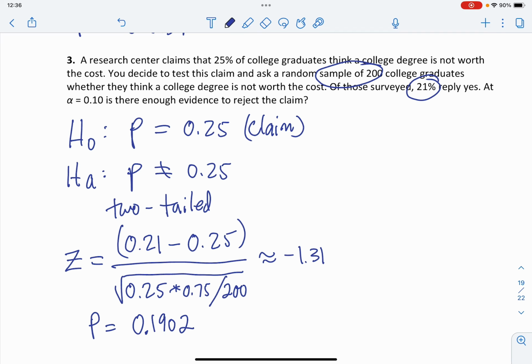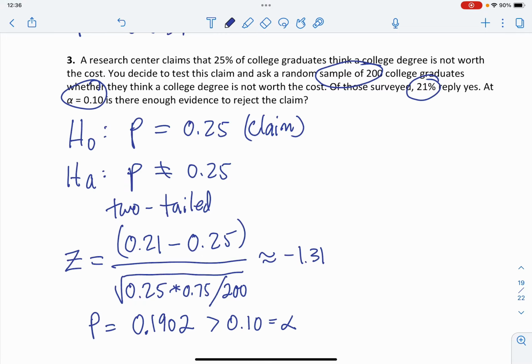So you've got to be a little bit careful with two-tailed tests because of the way StatCrunch works. It gives you that area between when you actually want the tails. So you've got to make that adjustment. And now it's all the same to make our conclusion. This is bigger than the alpha, right? Alpha is 0.10 right there.